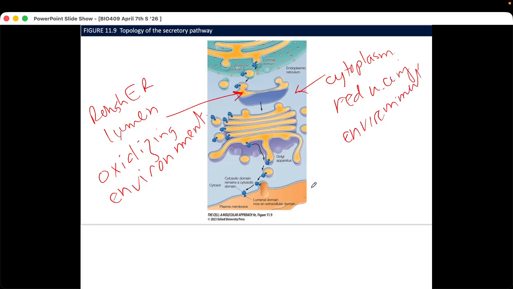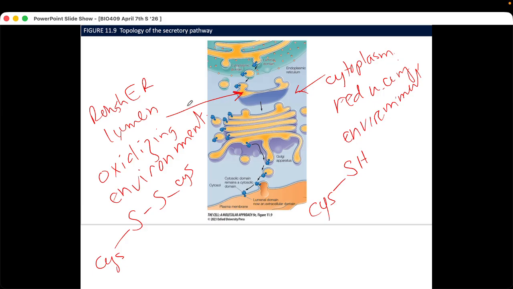The relevance here is that a cysteine amino acid has this sulfur group, and in a reducing environment, the sulfur is reduced and you have it as an SH. In an oxidizing environment, the SH is oxidized, and we get the disulfide bond form. So the bonds form because of the environment, the chemistry of the lumen in the rough ER.